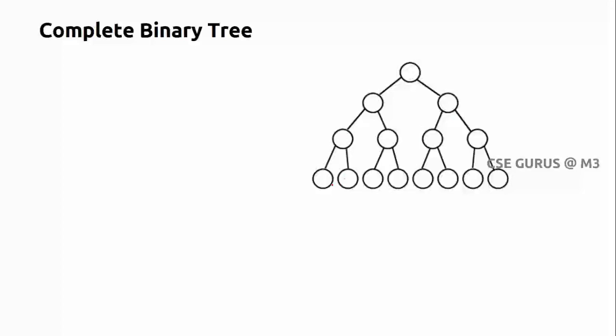You may have less than 2 also, that is 1 or 0, but not greater than that. You cannot have one more node here. You can have one node here, and for this no children. That is also a binary tree. The condition is you should not have more than 2. So this is about binary tree.